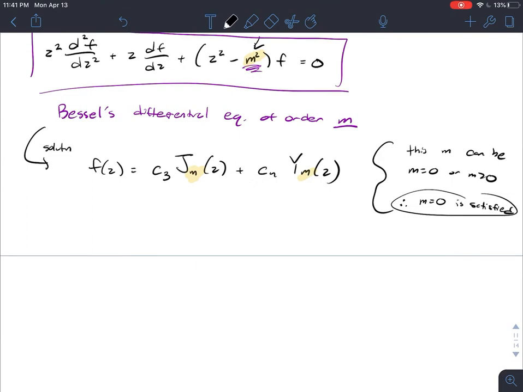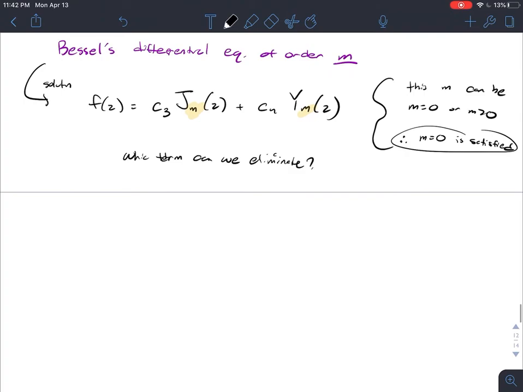Okay, so now in this type of problem, we have to make a smart and educated guess about which of these terms to eliminate. Which term can we eliminate? So on your exam, you had an annulus problem, and your annulus did not contain the center of the circle. Whereas in this problem, you do contain the center of the circle. I remember the center of the circle has to do with the singularity condition in polar coordinates.